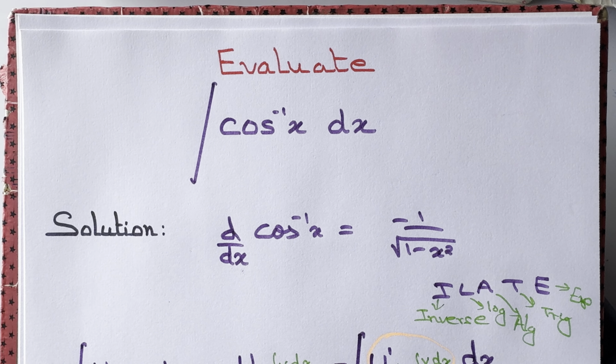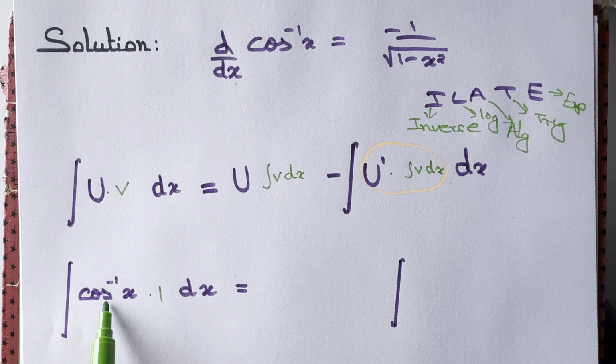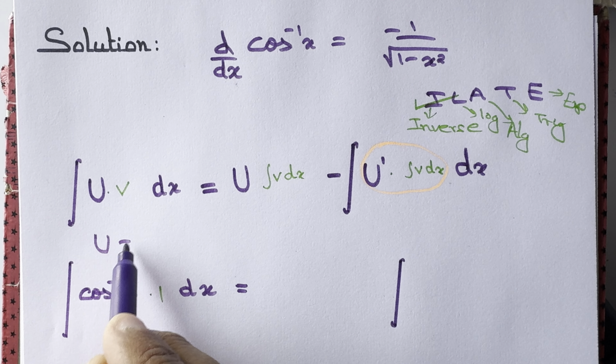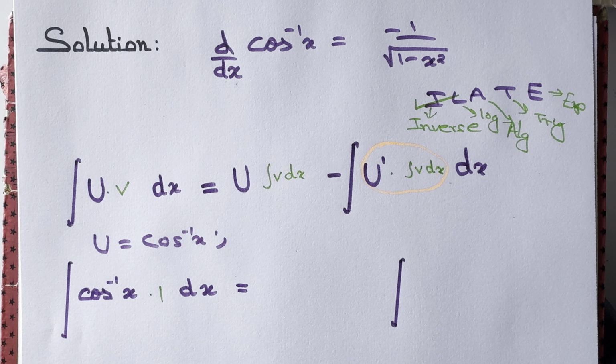Which one do we find first? Obviously, we find the inverse trigonometric function first, and so we regard it as the first function, or we choose u equal to cos inverse of x and then v equal to 1.